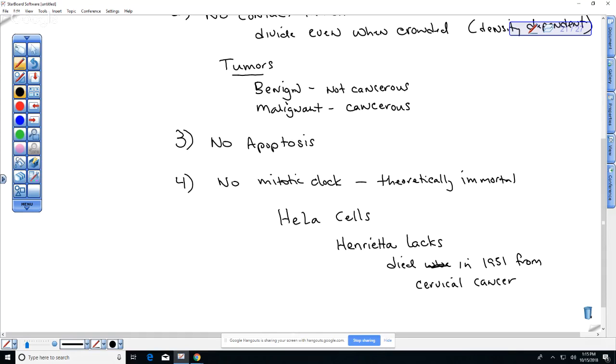Back then it was, I guess, okay to do experiments. And so after she died, they took the cancer cells out of the body without anybody's permission from the family. Then they started to grow these HeLa cells in petri dishes. And they discovered that the HeLa cells are really, really good at reproducing.